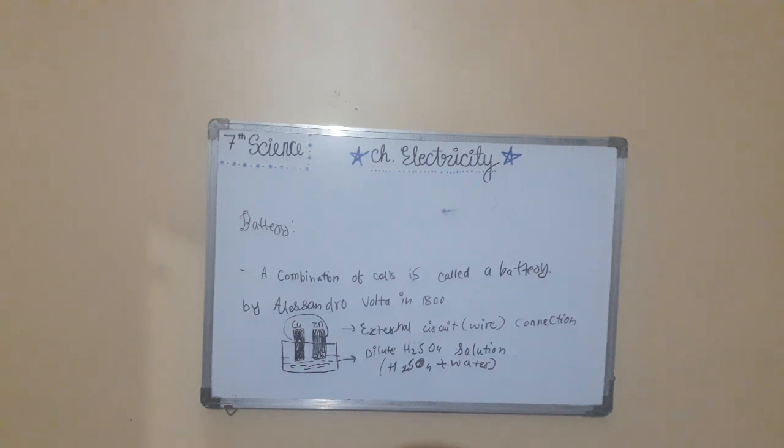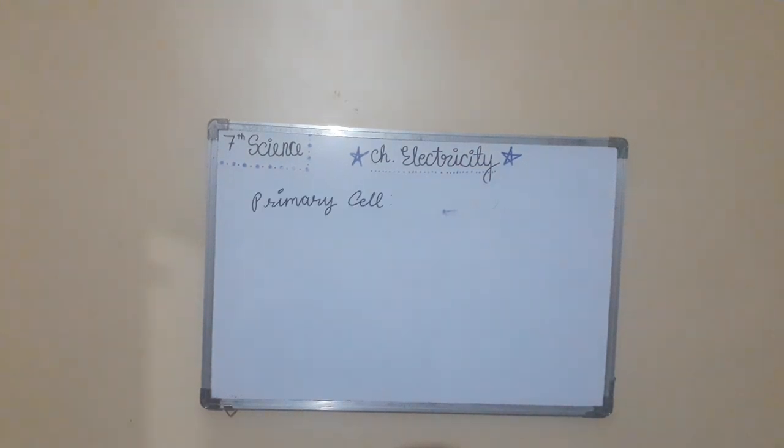Now we will learn about primary cell. A primary cell is one in which the chemicals need replacement after they have been consumed, or after a fixed amount of electrical energy has been supplied by the cell.